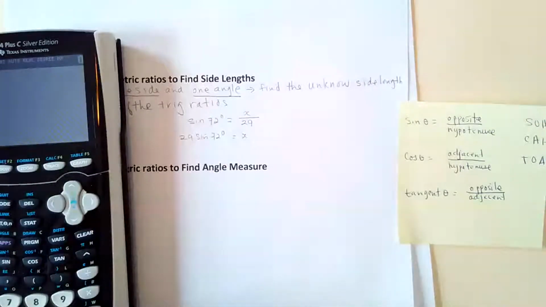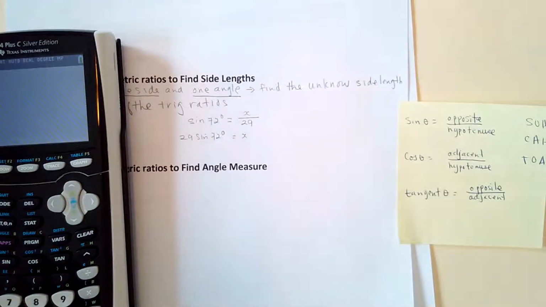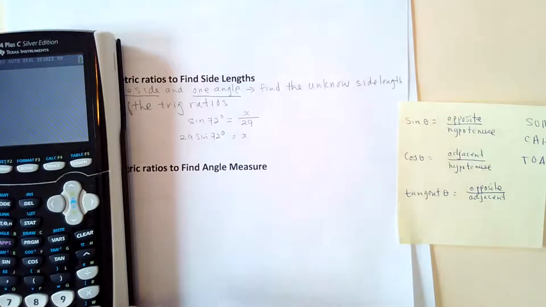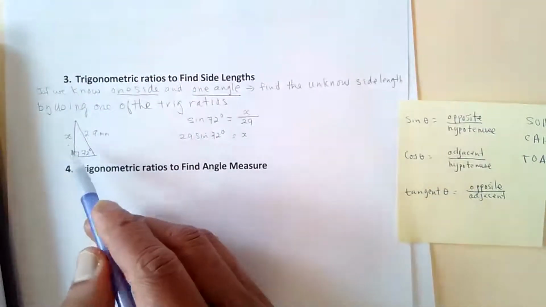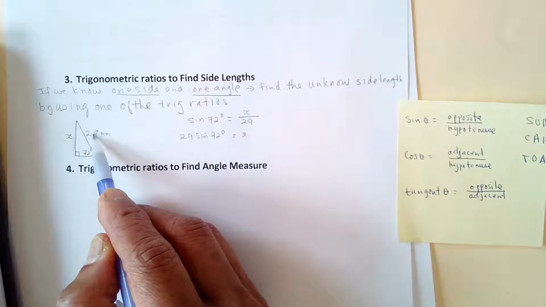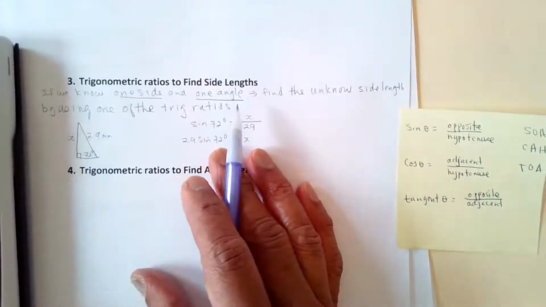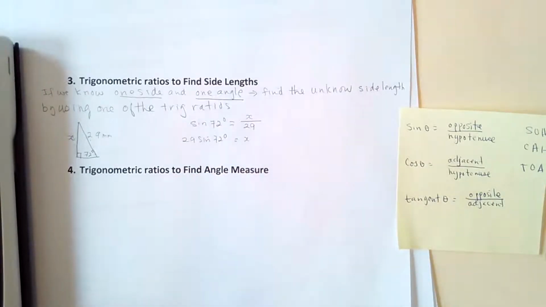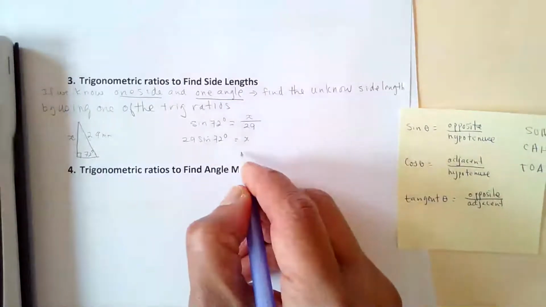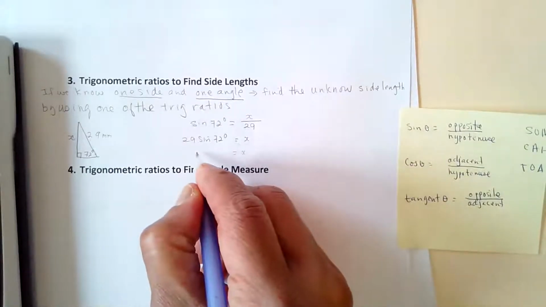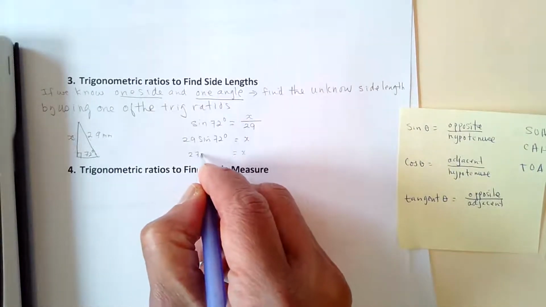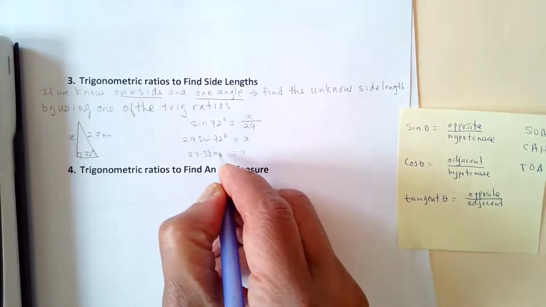Let's try it again. So here we have opposite over hypotenuse, sine. So I think I'm doing a wrong calculation here. So we have 29 sine 72. X is equal to 27.58 millimeters.